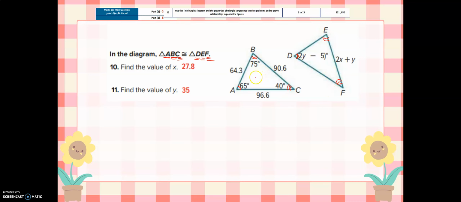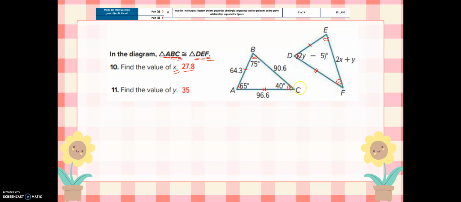And as you can see right here, we're looking for the value of x, which the answer is 27.8. So we know that this side is equal to this side, and this side corresponds to this side.